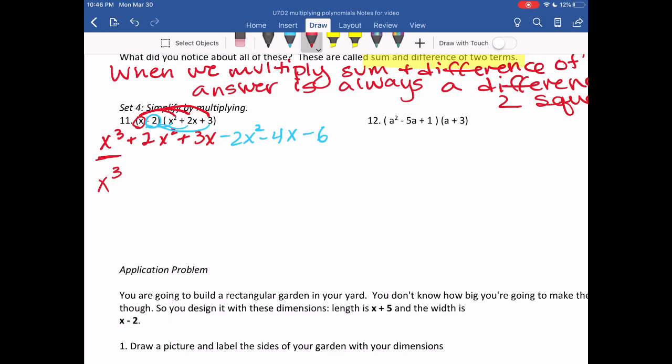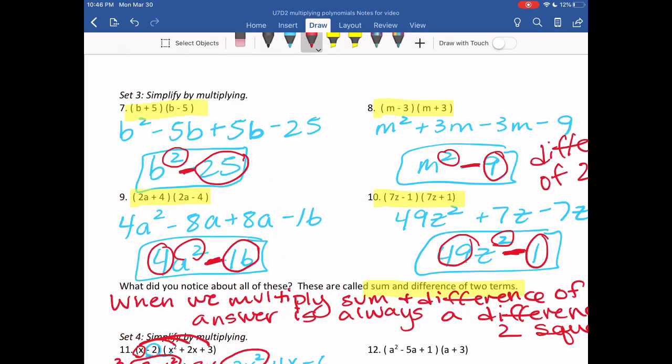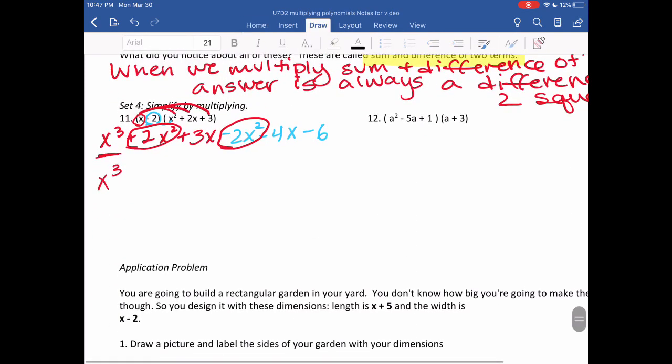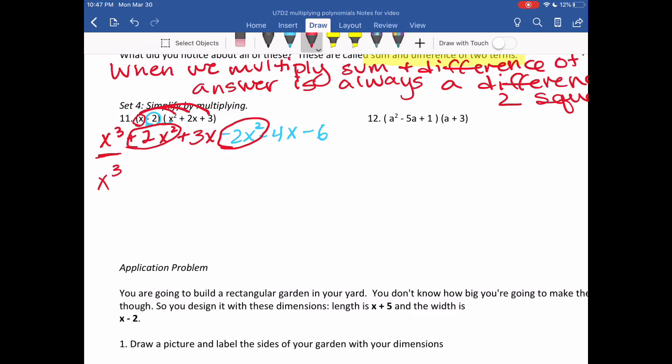The next biggest exponent is the x squareds, right? I have a positive 2x squared and a negative 2x squared. So I'm going to combine them. Positive 2x squared minus 2x squared, they cancel out. Now that's not always going to happen, but in this case it does. They give me 0. I don't have any x squareds left.